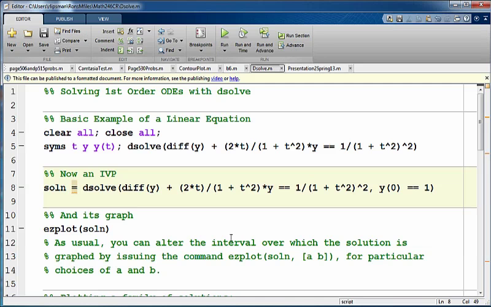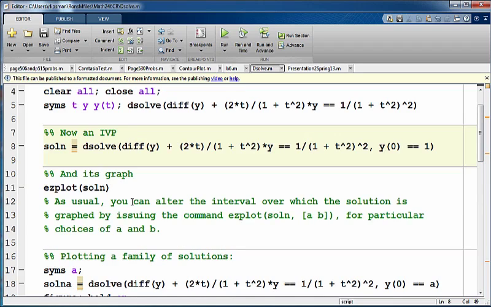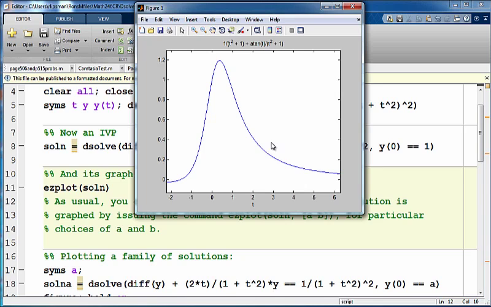Okay, now let's get its graph. Notice I called it solution, or soln, as I did in the earlier page. And now I just issue the command EasyPlot solution. Let's see what happens. There's the solution.